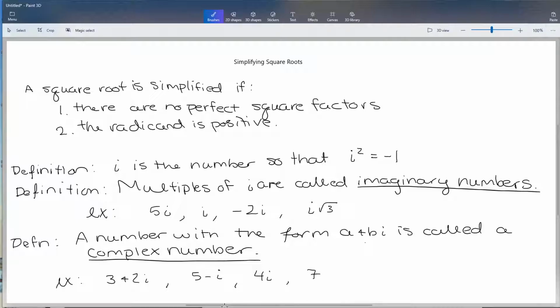All of these things are complex numbers. We call a the real part, and bi is the imaginary part.